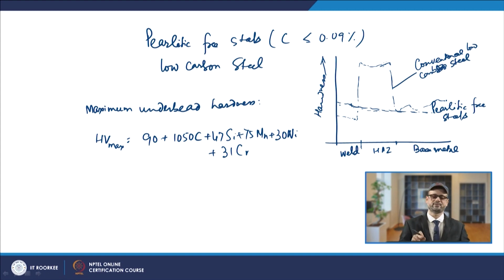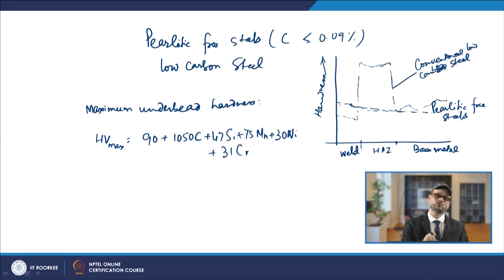contribution by the different alloying elements. That way, the underbead zone hardness values are calculated, and they are available also for the different steels or different plate thicknesses. You have standard formulas by which you can find the underbead hardness, and that value has to be limited.